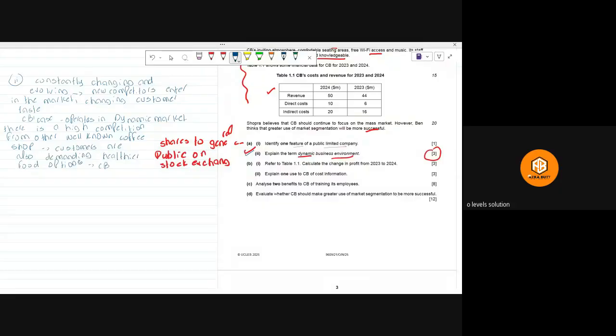So CB has to change its pricing, product, and marketing strategies to remain competitive and successful. So as you can see, how long this 3 marker question is.